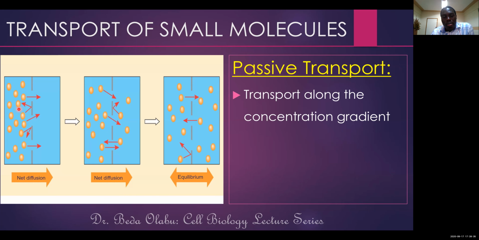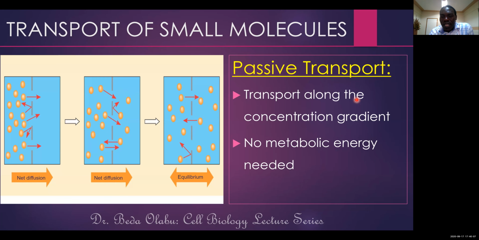For example, here, this particular molecule in question is more on this side compared to this side. So what happens with time? With time, we see this molecule moving to this region until an equilibrium is achieved. When molecules move along their concentration gradient, you call that passive transport.